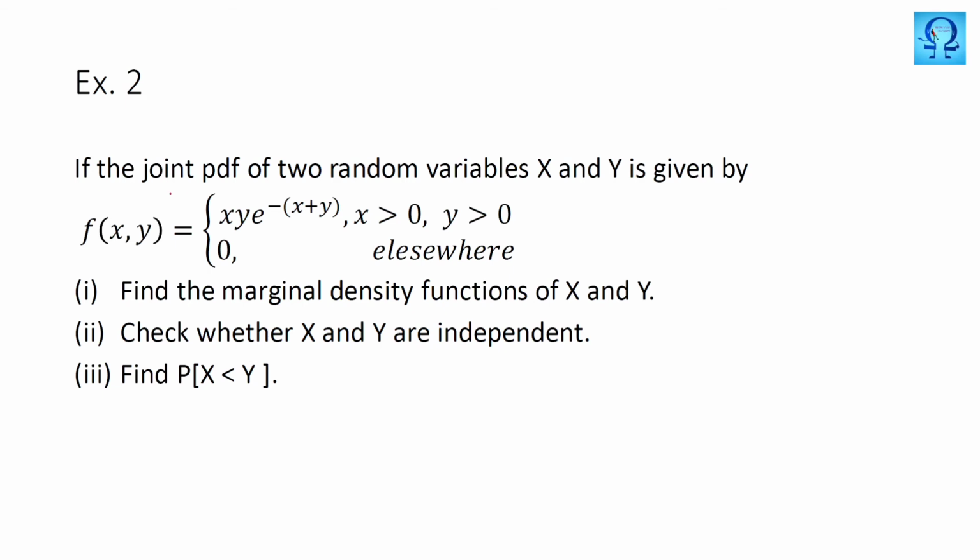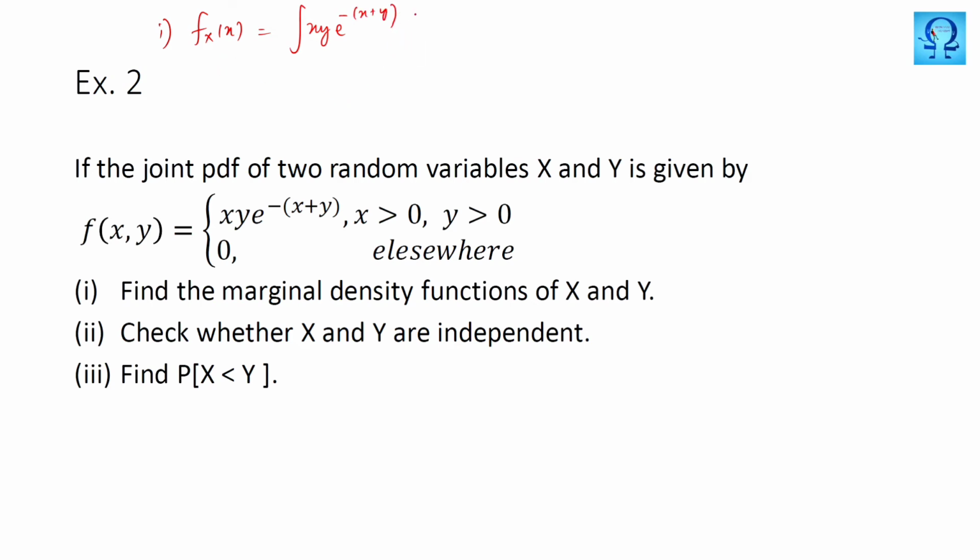Next, we have the joint PDF of two random variables here. Okay, PDF is given. We are asked to check the marginal density. Okay, let us evaluate it. So fx of x, that is what? We should have xy e to the power minus (x plus y).